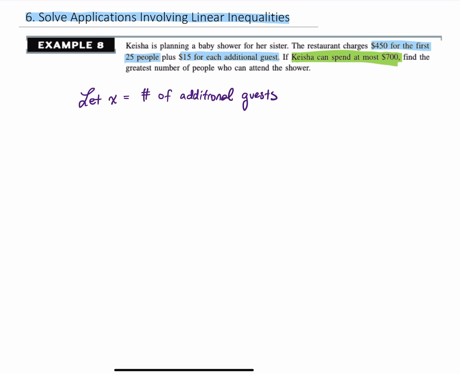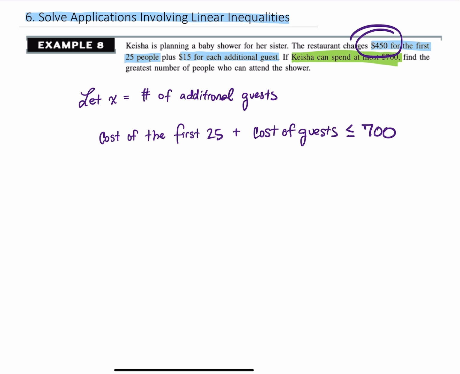And we know that, just to put it in words, the cost of the first 25 people plus the cost of the additional guests needs to be less than or equal to $700. And it says it costs $450 for the first 25 people.